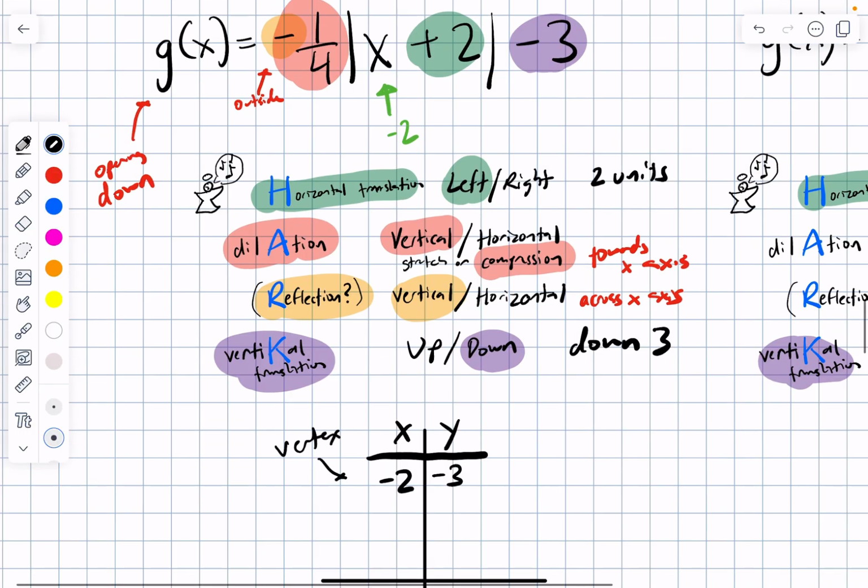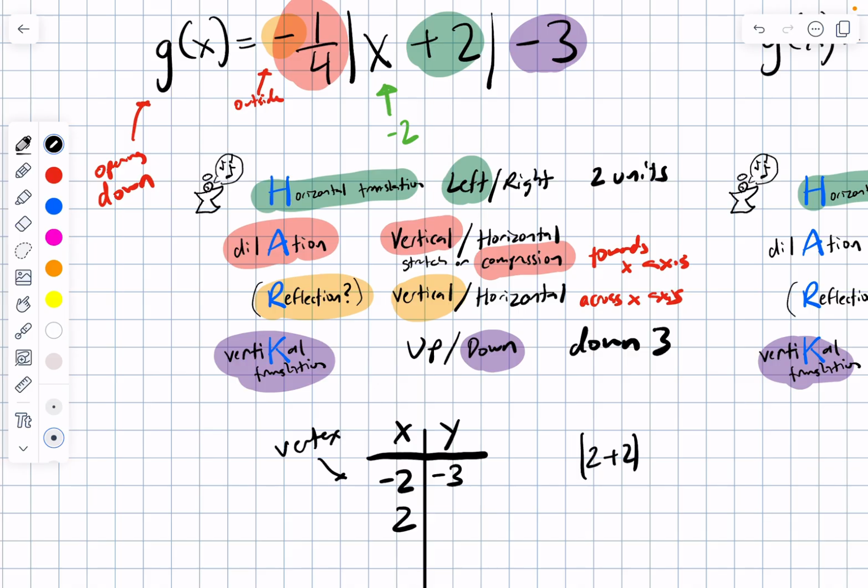Okay, then let me pick some numbers close to that. So -3 is kind of not a great one to choose, because then I don't have a lattice point. Let me try and get a multiple of 4. Yeah, let's do 2 actually. 2 plus 2 is 4.